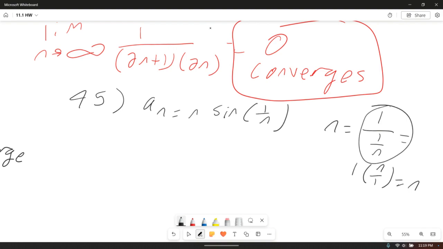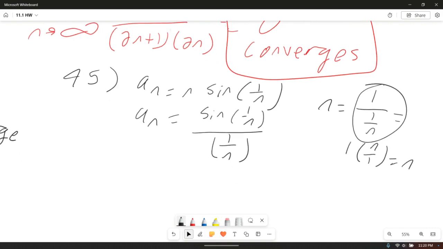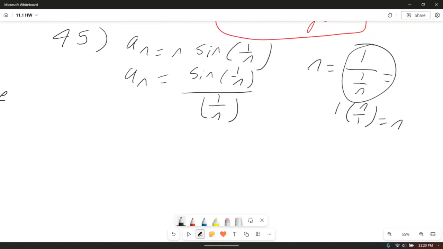So then we could rewrite a sub n as sine of 1 over n, over 1 over n. Then we take the limit as n approaches infinity to see if the sequence converges or diverges. Sine of 1 over n over 1 over n.